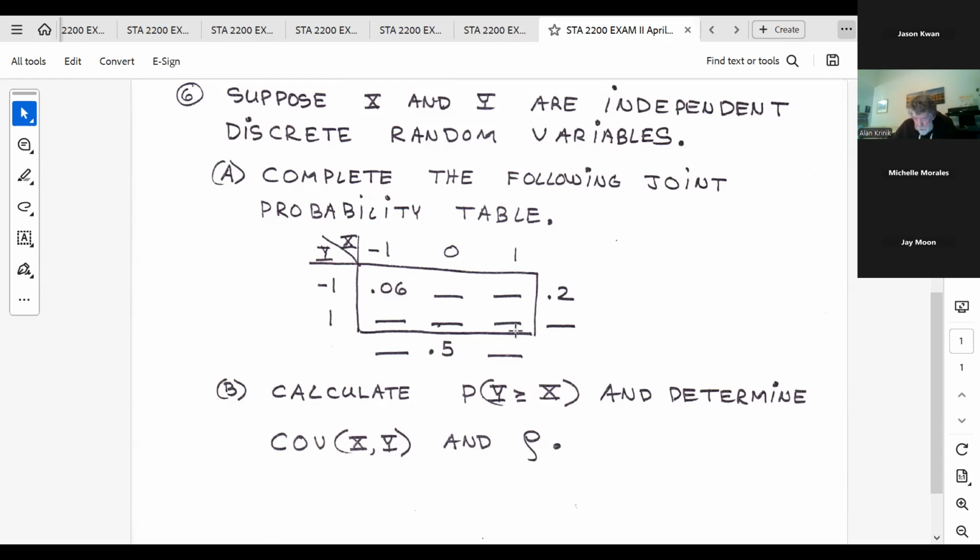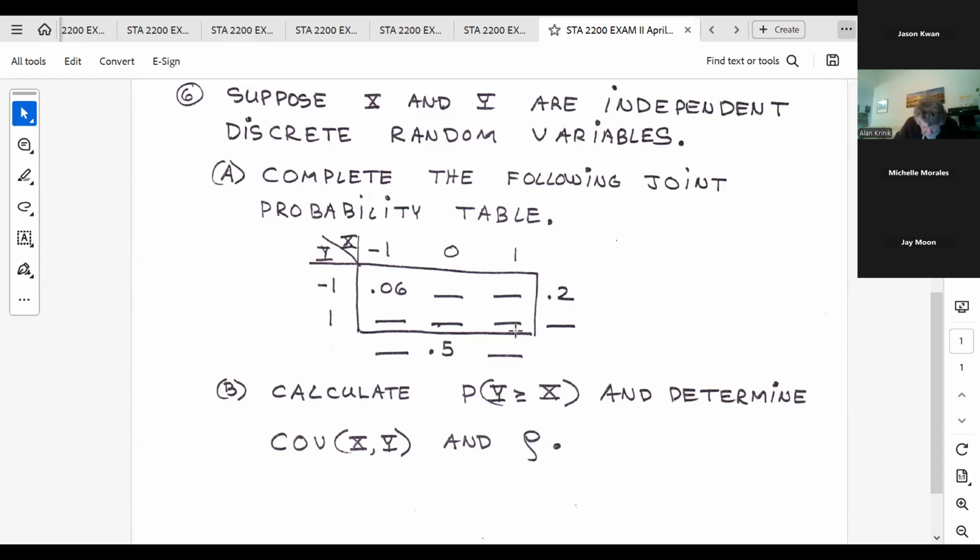So let me just write this over again under one note so that I can do the problem. I'm just going to write this down so I don't have to come back to it. X takes values of -1, 0, and 1. Y takes values of -1 and 1. And then 0.06 is there. 0.2 is over here. All the others are blank.